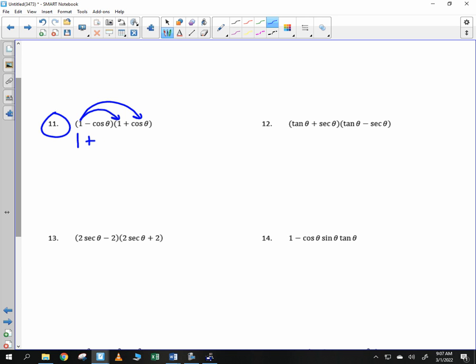So I have plus cosine of theta. And I have negative cosine times 1, negative cosine of theta. And then I have negative cosine times positive cosine, negative cosine squared. Okay. So what happens from what I just did? The cosine and the negative cosine go away. Yep, the middles will cancel, leaving you with what?